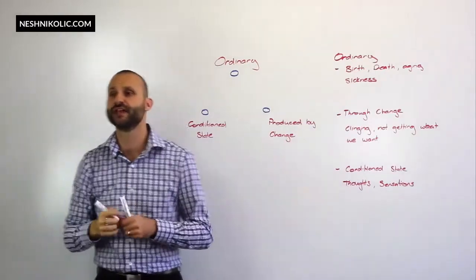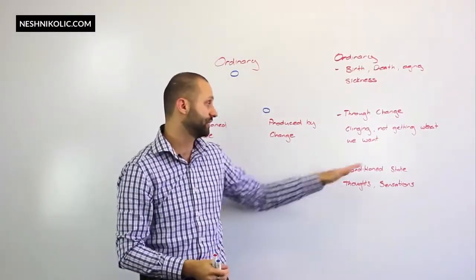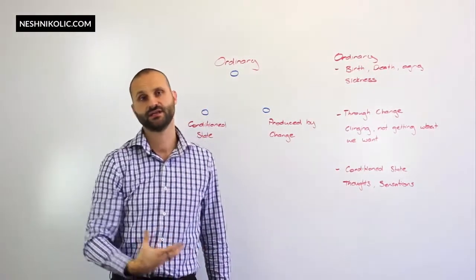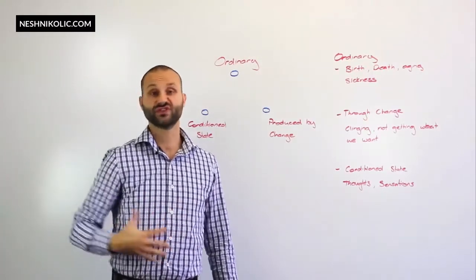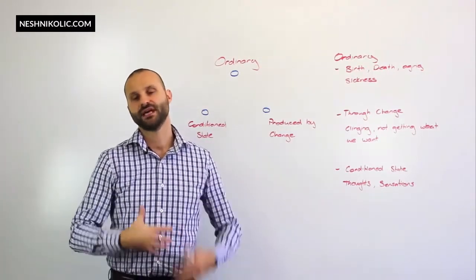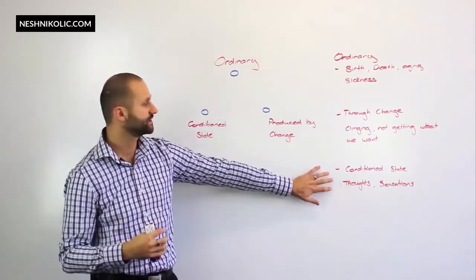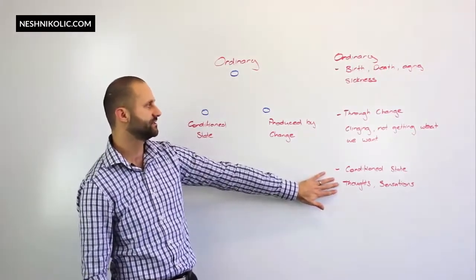So our conditioned state is about experiencing discomfort not only in our thoughts but our feelings. So an increase in heart rate, sweatiness, feeling heavy, feeling nauseous, so movement in our stomach, and so on. So we've got a real humanistic side to this, where being human is to have thoughts and sensations.